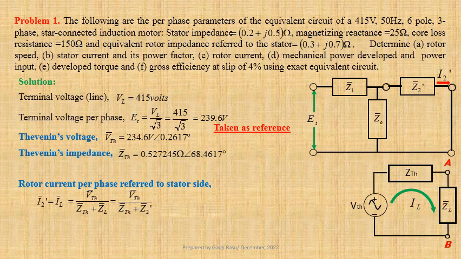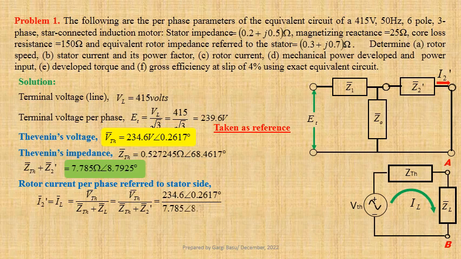We have obtained Z Thevenin plus Z2 dash equals 7.785 ohm at an angle 8.7925 degree. Therefore, I2 dash equals 234.6 at an angle 0.2617 degree divided by 7.785 at an angle 8.7925 degree.